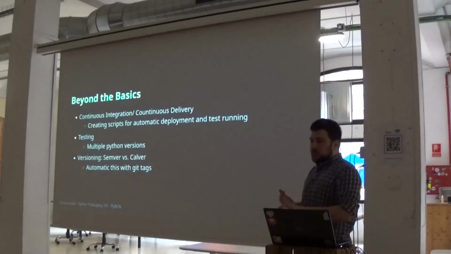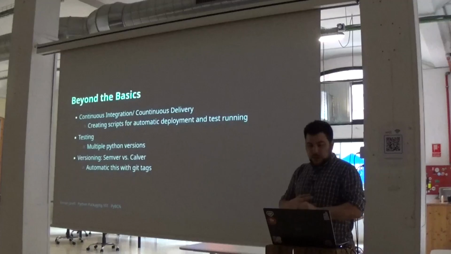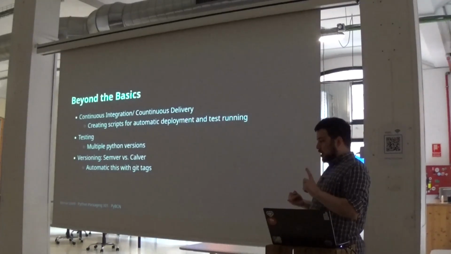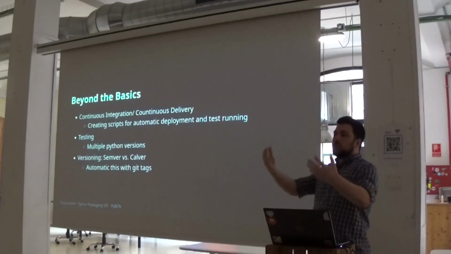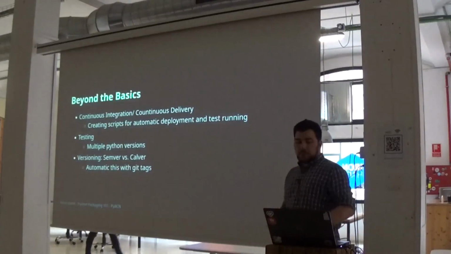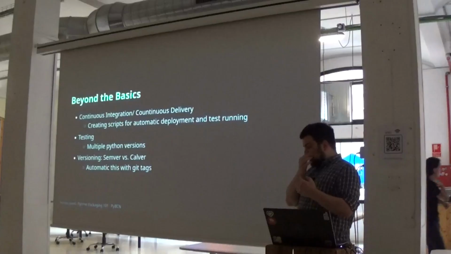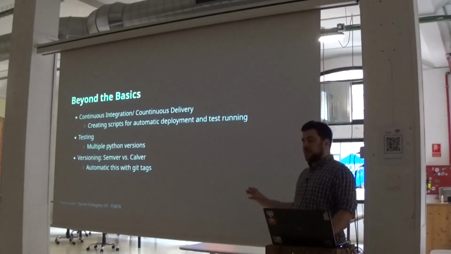For example, GitHub Actions or Circle CI or GitLab CI. And you can automate your deployments there and your testing, and only upload your package once the tests have passed or once all the linters have passed, etc.